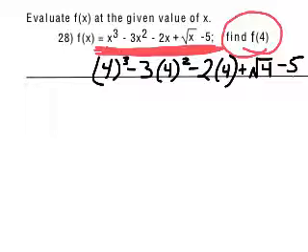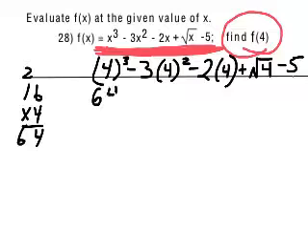4 to the third power is 4 times 4, which is 16 times 4, 64. Okay. 64 minus 3 times 4 to the second power, 3 times 16.